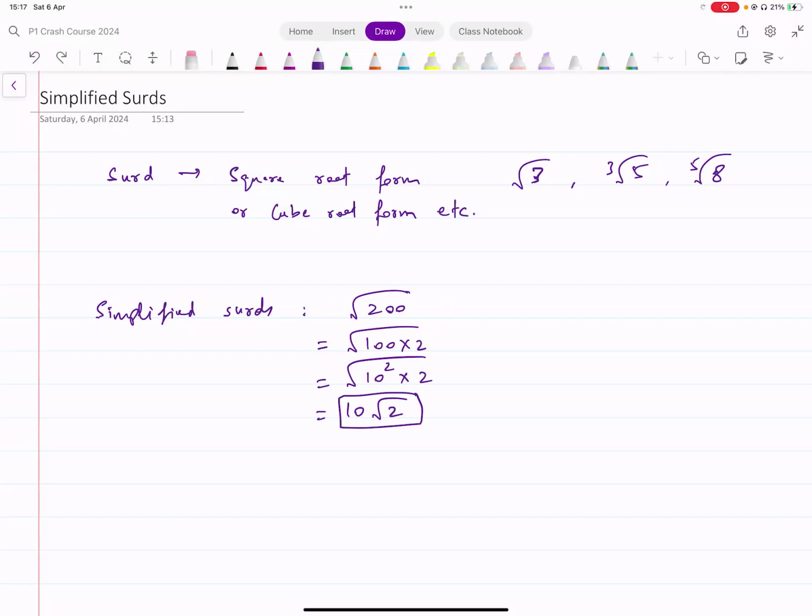Square root of 200 is a surd. 10 square root of 2, that's a simplified surd. All right. So the idea is, whatever is the number inside, you break it down in such a way that you see what's the largest factor of that number that is a perfect square. And then you could write that outside like this.